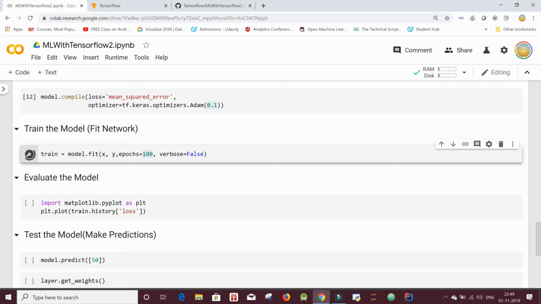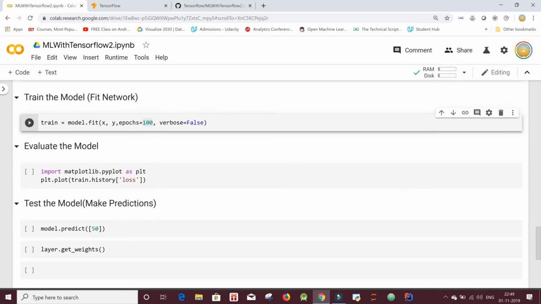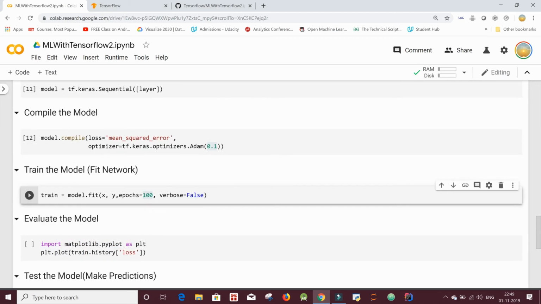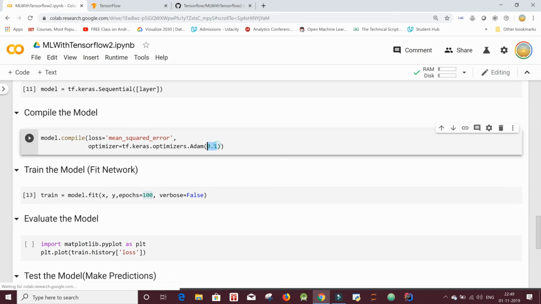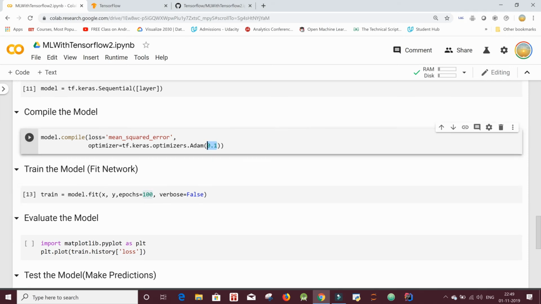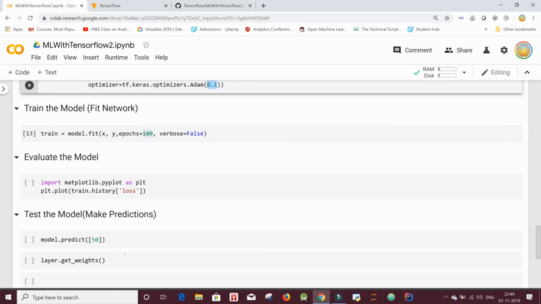I am storing this trained model in the variable train, and it will take some time because it will run 100 times. Now let's evaluate the model. Remember, I have taken the loss as mean squared error and the optimizer as Adam with a learning rate of 0.1. So it will plot the loss for me.